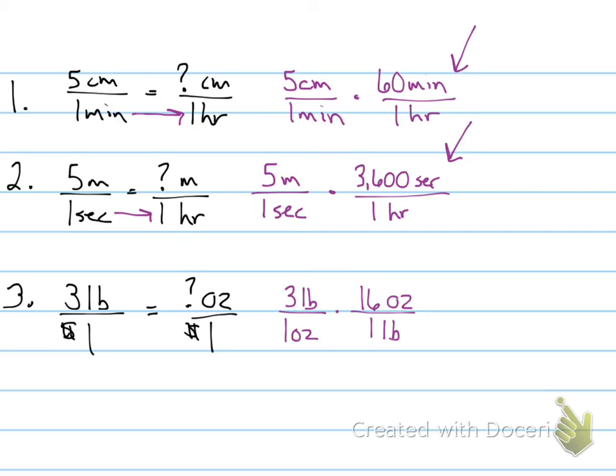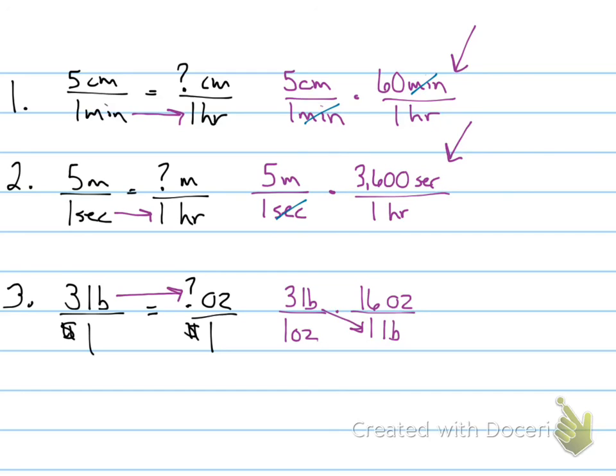On the third one, I'm going pounds to ounces, right? Now, what you want to make sure is that your ounces and your pounds can cancel out. That's why on the first 2, you see I can cancel my minutes. Minutes cancel, and now I can just multiply.